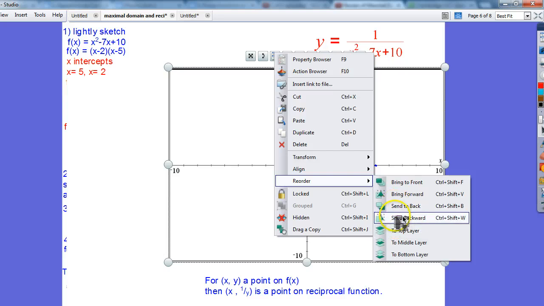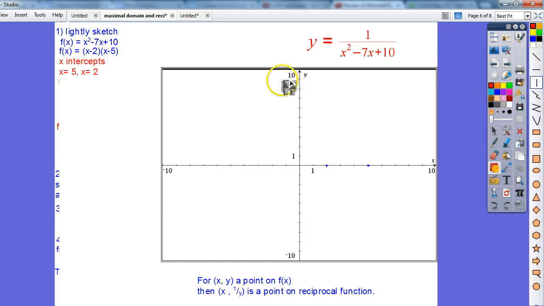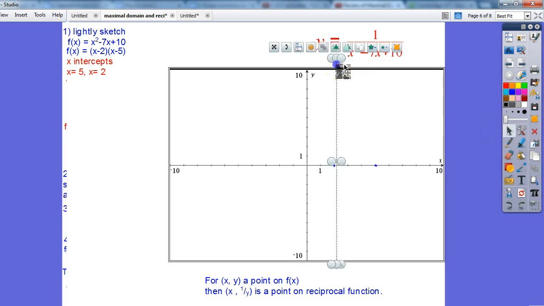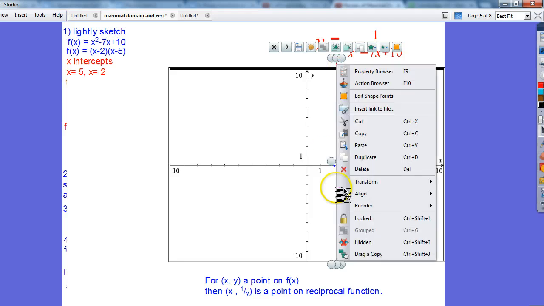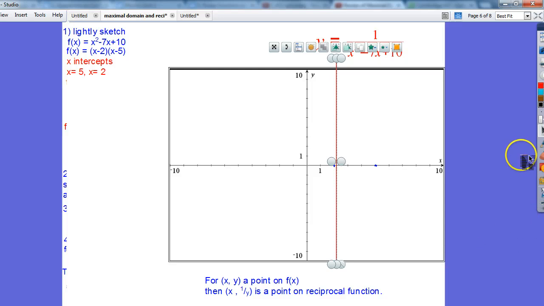And bring backwards. Where's my asymptotes? I can't seem to draw bloody asymptotes. Here we go. Reorder. Top layer. There we go. Alright, I lost him for a second.